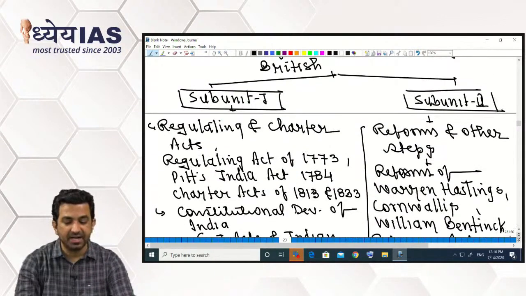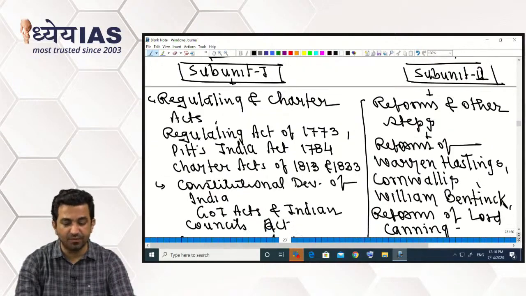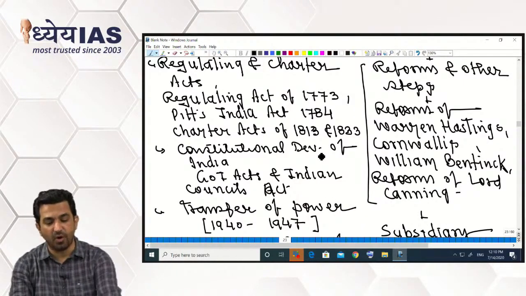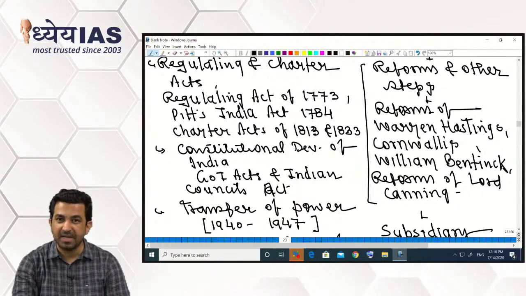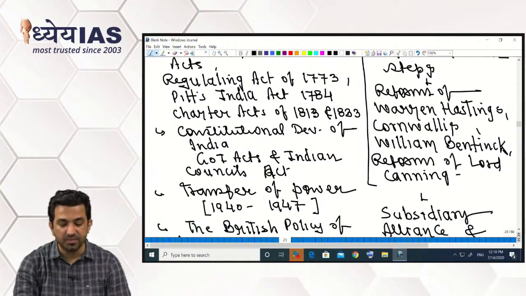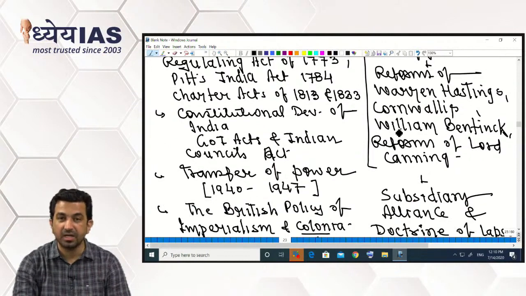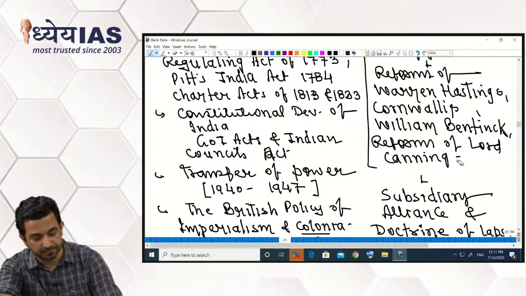And then reforms and other systems of exploitation, like reforms introduced by Warren Hastings and Cornwallis, Governor Generals of Bengal, then William Bentinck, another Governor General, and reforms of Lord Ripon, not Canning.